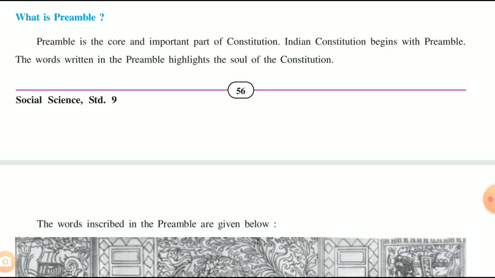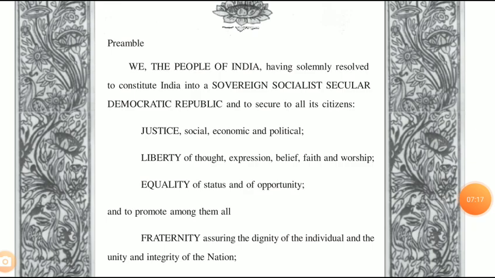Let us see what is a preamble. Preamble states that we, the people of India, having solemnly resolved to constitute India into a sovereign, socialist, secular, democratic republic and to secure to all its citizens: justice, social, economic, and political.